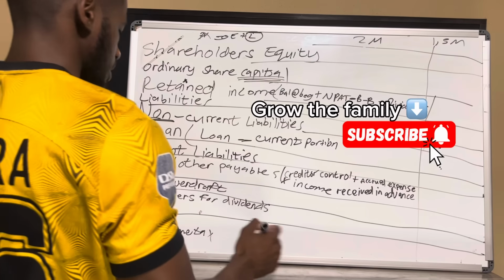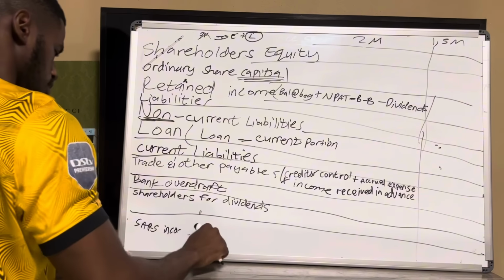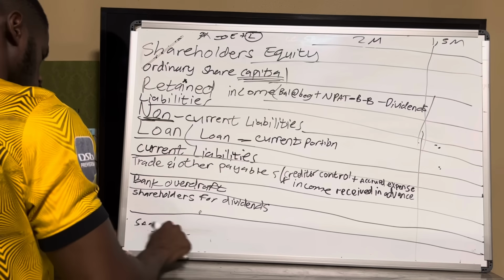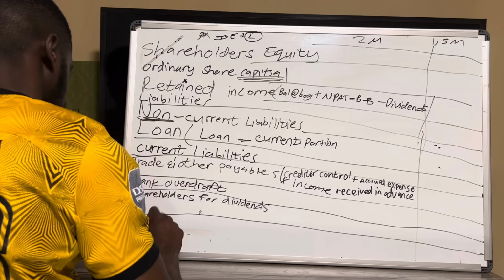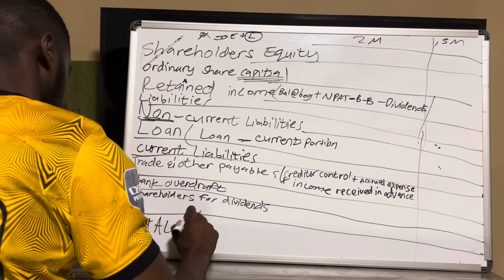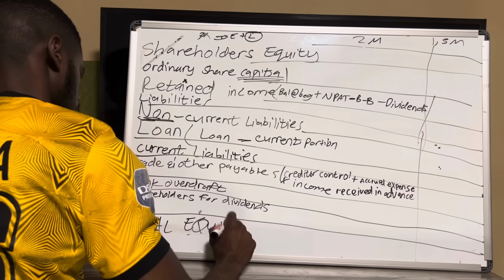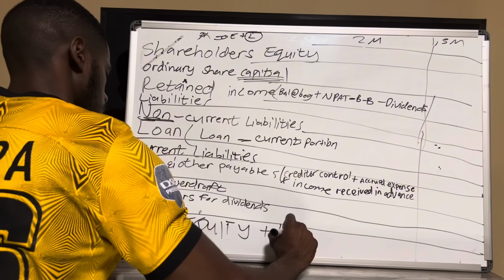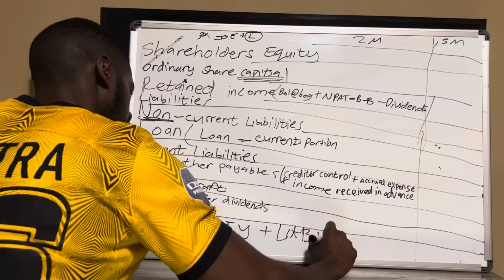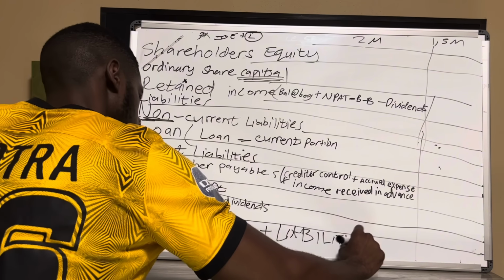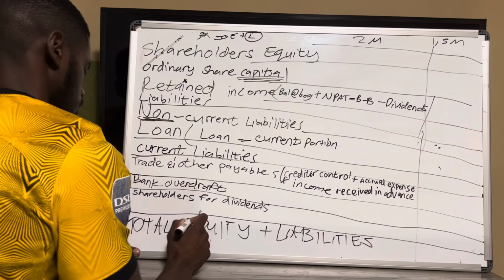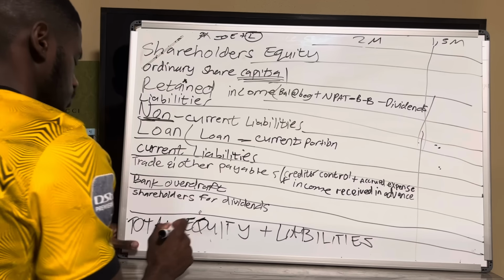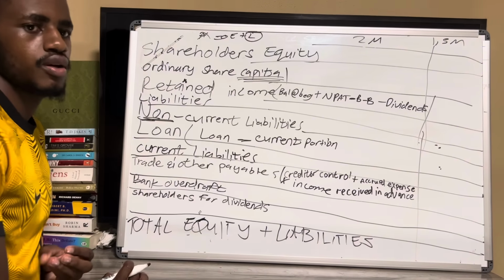Now, for us, I'm just going to remove this. So when I remove this, it's going to be total equity plus liability. Okay?